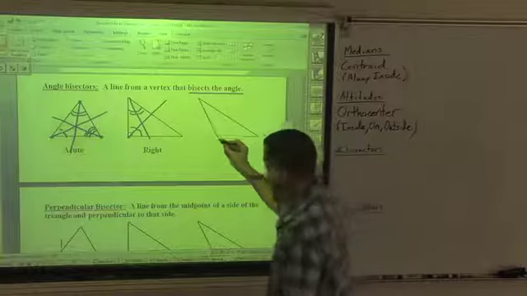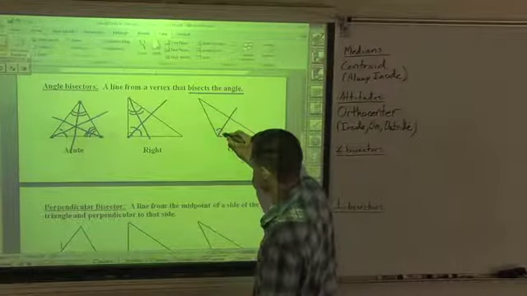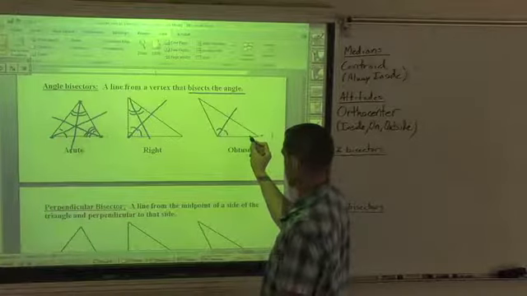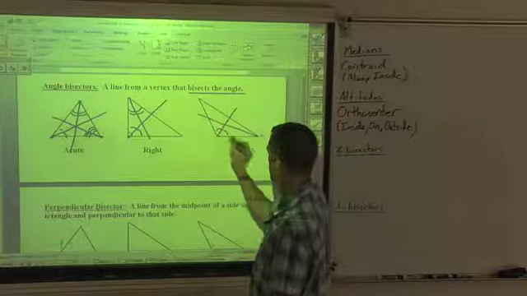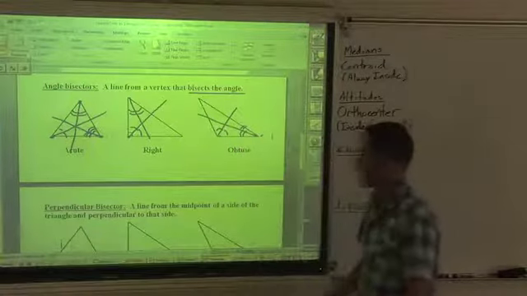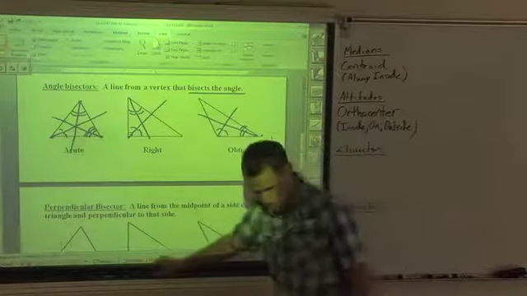On the obtuse triangle, I can bisect the big obtuse angle, or I could bisect one of the smaller acute angles. Again, coming together inside the triangle.